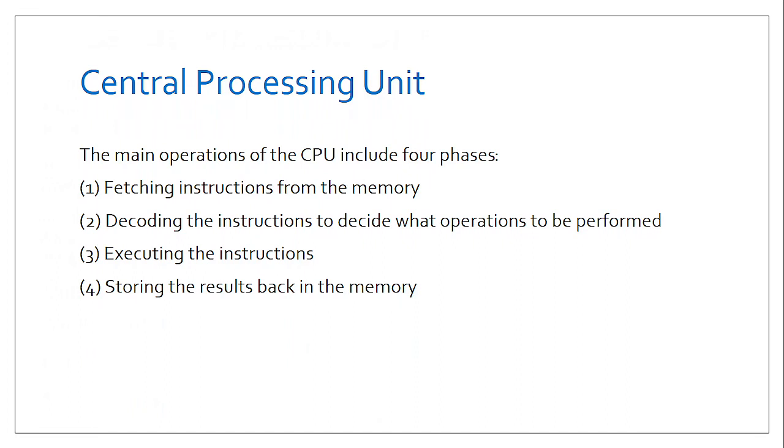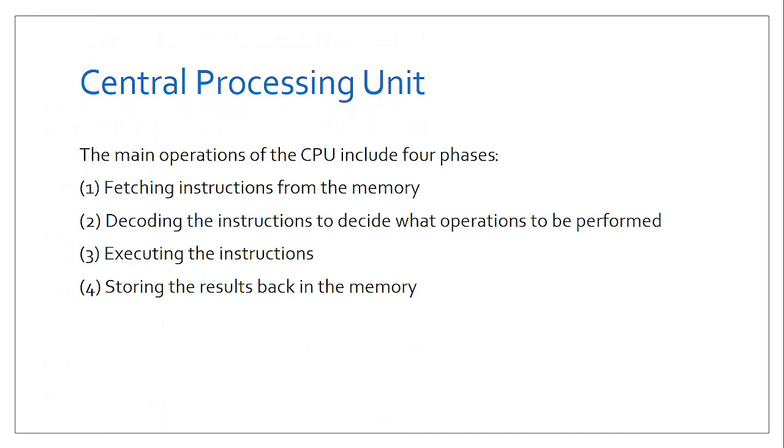Then we have decoding. Decoding is when the CPU wants to understand what needs to be processed. So it needs to convert it, it needs to decode it, so that it understands that particular instruction. Then you have the execution. It can only execute what it has decoded.